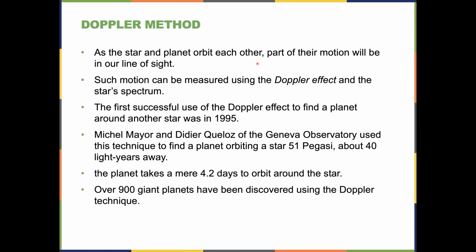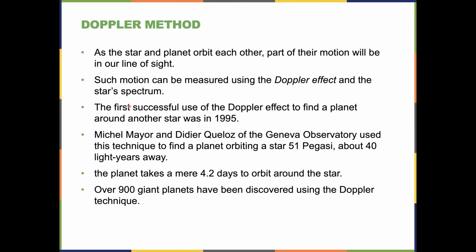I have explained it here. As the star and planet orbit each other, part of their motion will be in our line of sight, and such motion can be measured using the Doppler effect in the star's spectrum. The first successful use of the Doppler effect to find a planet around a star was in 1995.